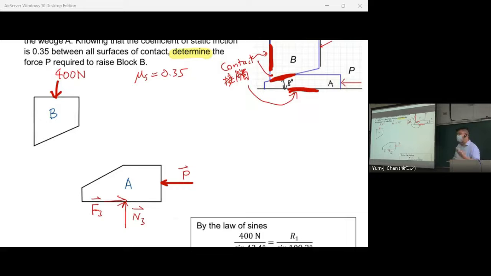And what is the relationship between F3 and N3? Because before it moves, it needs to go to motion impending. So it needs to satisfy motion impending. So F3 is equal to mu s times N3.